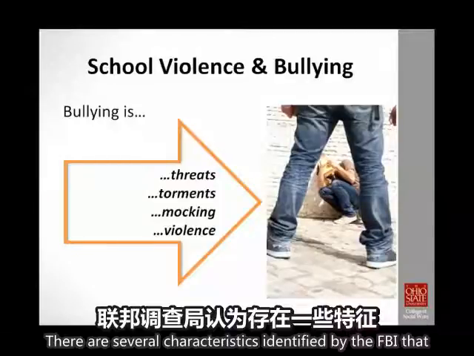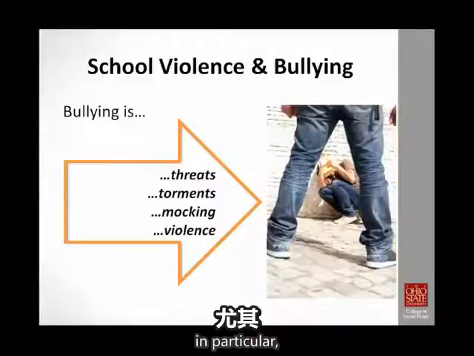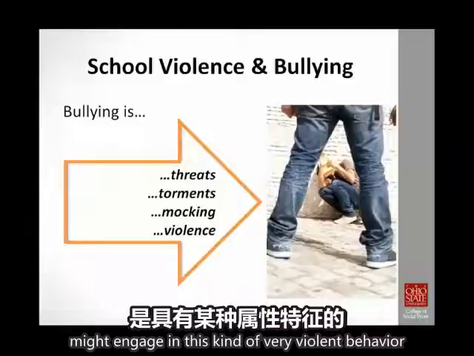There are several characteristics identified by the FBI that typically there's a certain profile when an adolescent in particular might engage in this kind of very violent behavior.